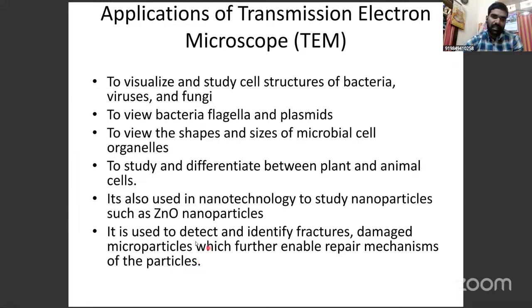So these are also useful to identify the fractures and damages that happen in the microparticles, which can then be repaired by identifying these fractures.